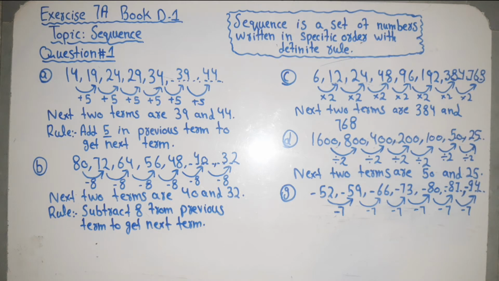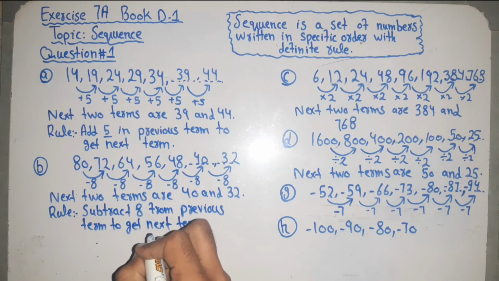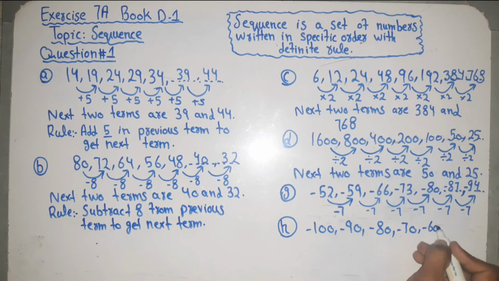So now we are going to solve part H of this question, and this part is also very easy. In H part we have minus 100, minus 90, minus 80, minus 70, and minus 60, and so on.